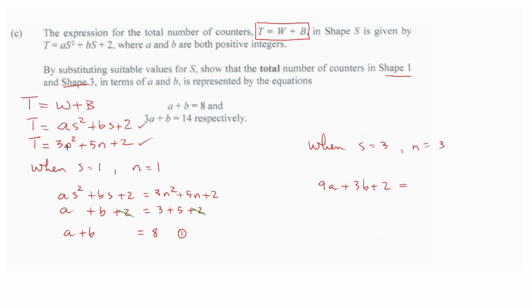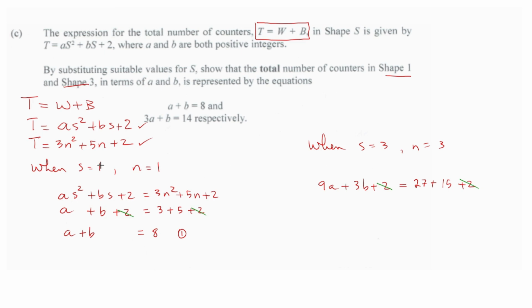3 squared, that's 9, times 3, that's 27, plus 5 times 3, that's 15, plus 2. Again, these two here would go out. That would be 0.